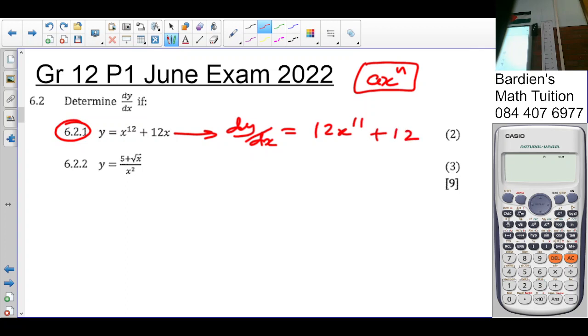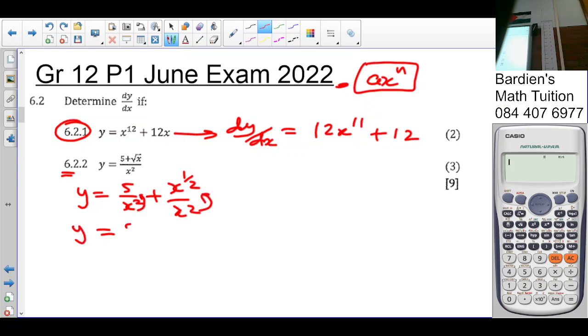Let's look at 6.2.2. Here we're going to put each one on its own. So y is equal to 5 over x squared plus the square root of x, which can be written as x to the exponent of half, over x squared. You must first get it in that form. I'm going to simplify, bring that up in both cases.